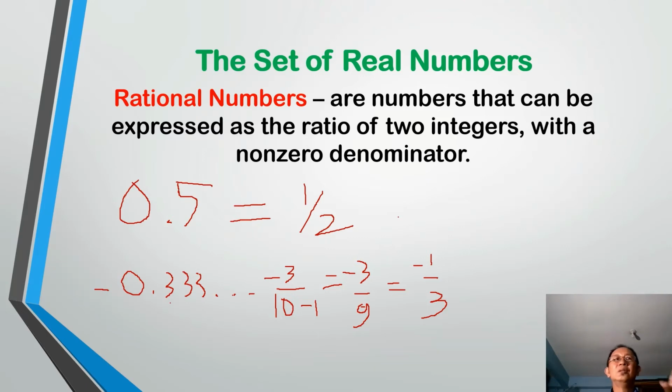So negative 0.3333 is a rational number. Again, rational numbers are numbers that can be expressed as the ratio of two integers. Negative 1 is an integer, 3 is an integer, 1 is an integer, 2 is an integer. So, a ratio of two integers.